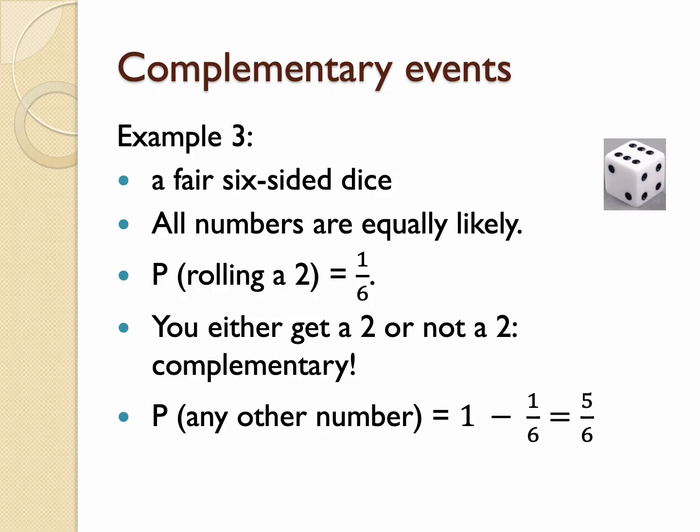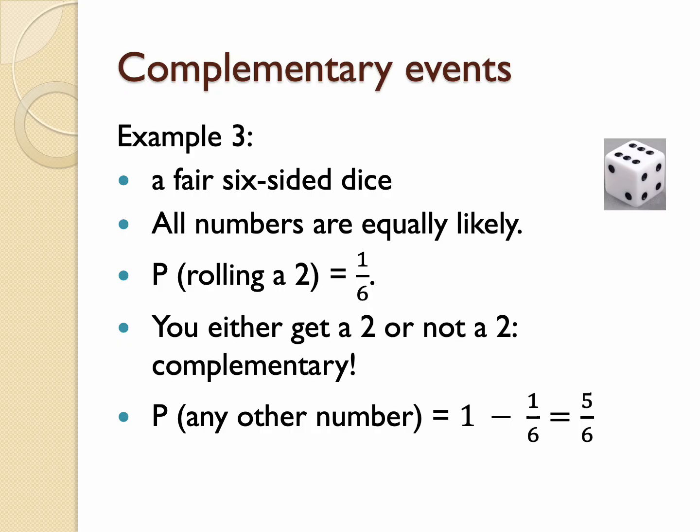Well, you can get either a 2 or not a 2. So these two events are complementary. So we can get the probability of getting any other number beside 2 by subtracting the probability of 2 from the sum of the probabilities, which is 1. So 1 take away 1/6 equals 5/6.